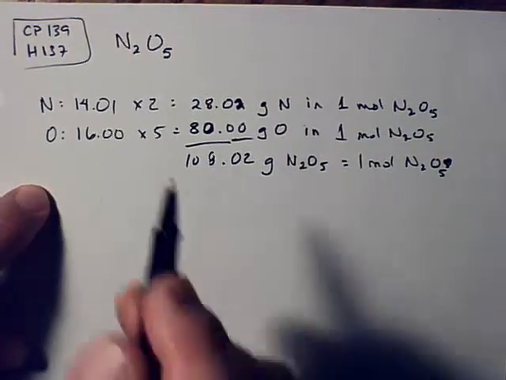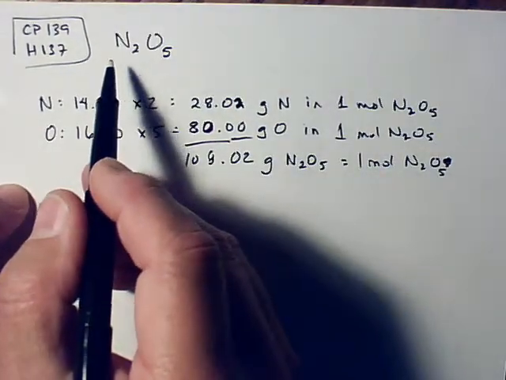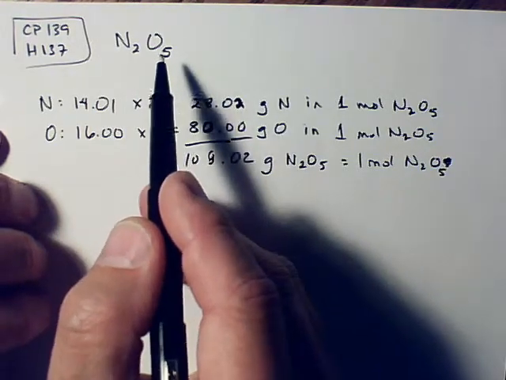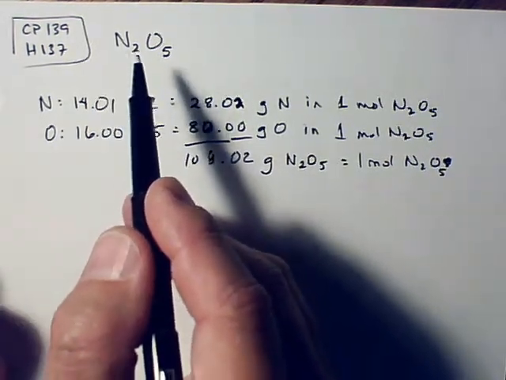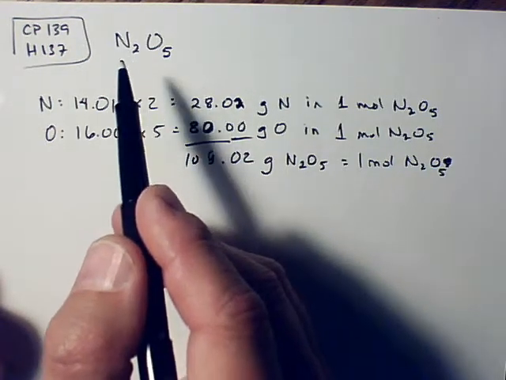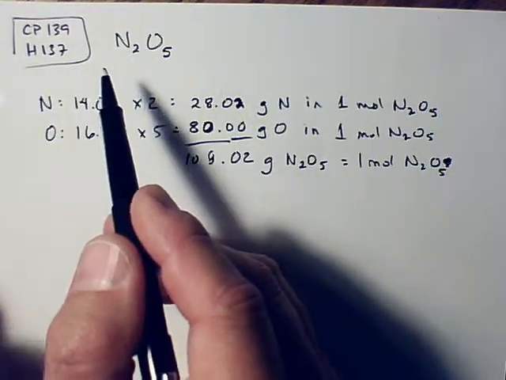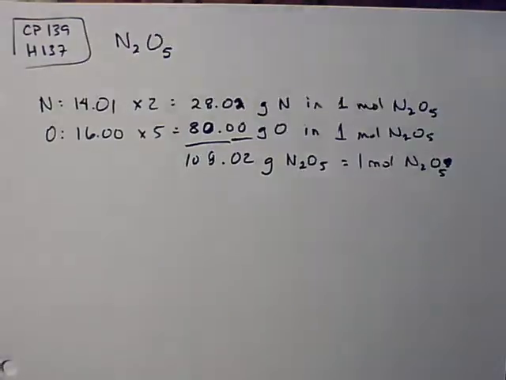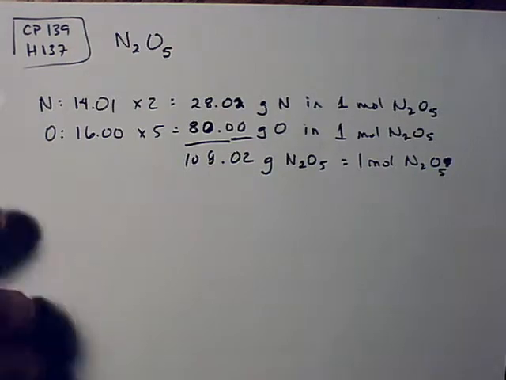Well, the percent then is going to be 2 different percents. You've got to have a percent of nitrogen and the percent of oxygen. If it just says find the percent composition, you need the percent of each element in the formula. If you've got 12 elements, you're going to have to do 12 percents. I don't think there's any formulas I can think of that's going to have 12 elements, but it could be one somewhere.